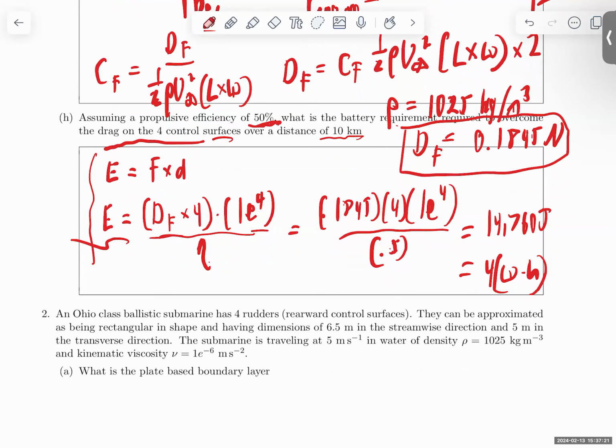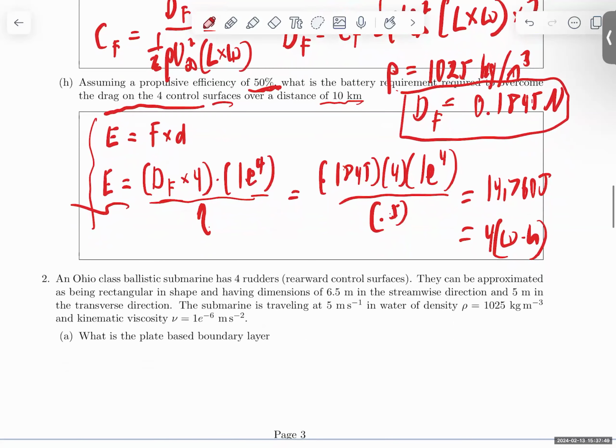Let me end it here. Hopefully you've gone through this before Thursday. On Thursday we'll be talking about turbulent boundary layers. We'll contrast them with laminar boundary layers. We'll have a different set of formulas that come from the work of Prandtl. They have a different look to them, but the idea is the same: we'll look at thickness at a point, shear stress at a point, and total drag due to skin friction from a turbulent boundary layer.